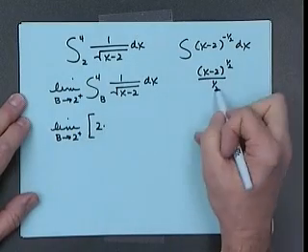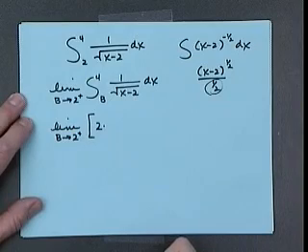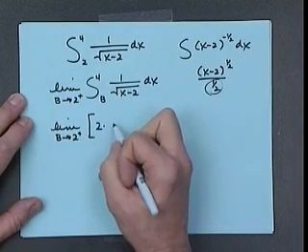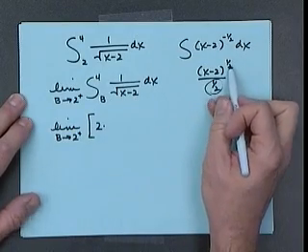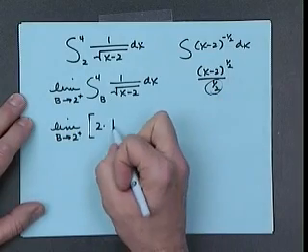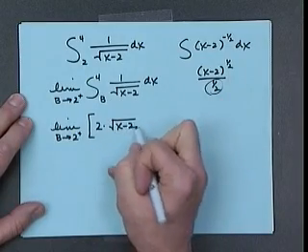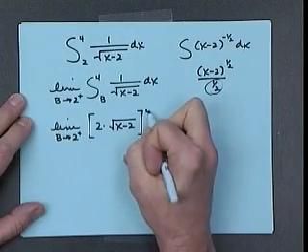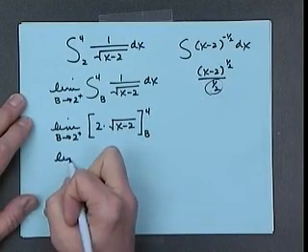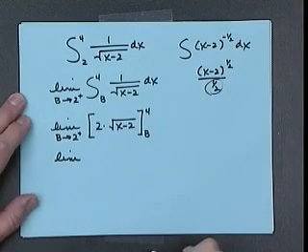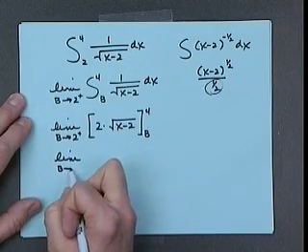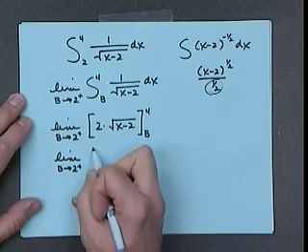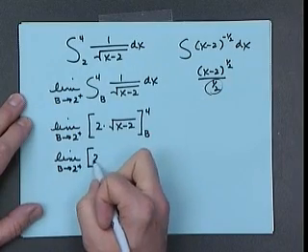We've got a 2 out in front. That's the division by 1/2. We've got an x minus 2 to the 1/2, which is just square root of x minus 2. Okay, I think we're all right. Let's plug in our values.